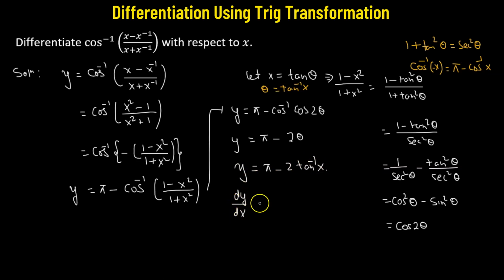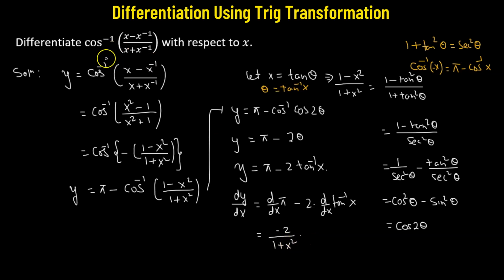So we have dy/dx equals d/dx of pi minus 2 times d/dx of tangent inverse of x. Pi is a constant, so its derivative will be 0. The derivative of the inverse tangent function is 1 over 1 plus x squared, and this will give us negative 2 divided by 1 plus x squared.